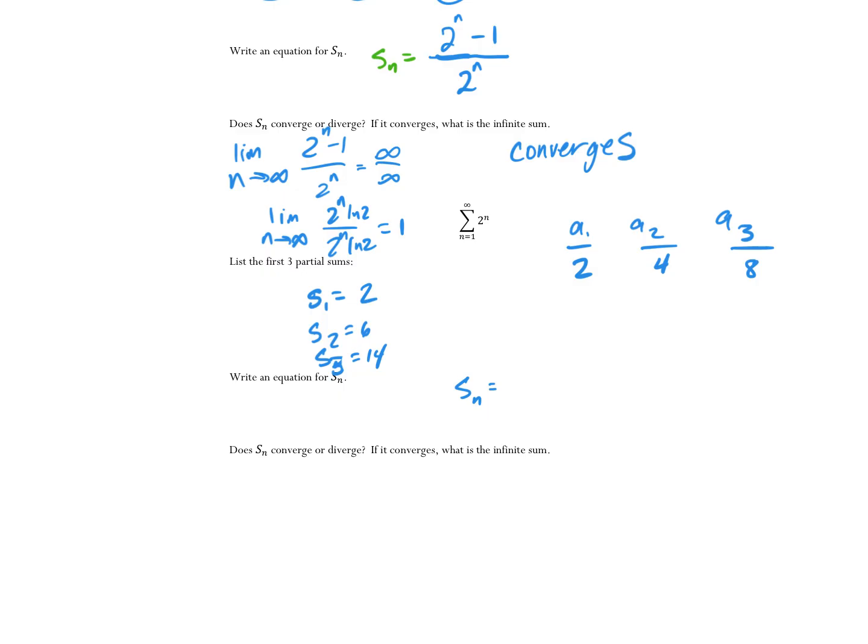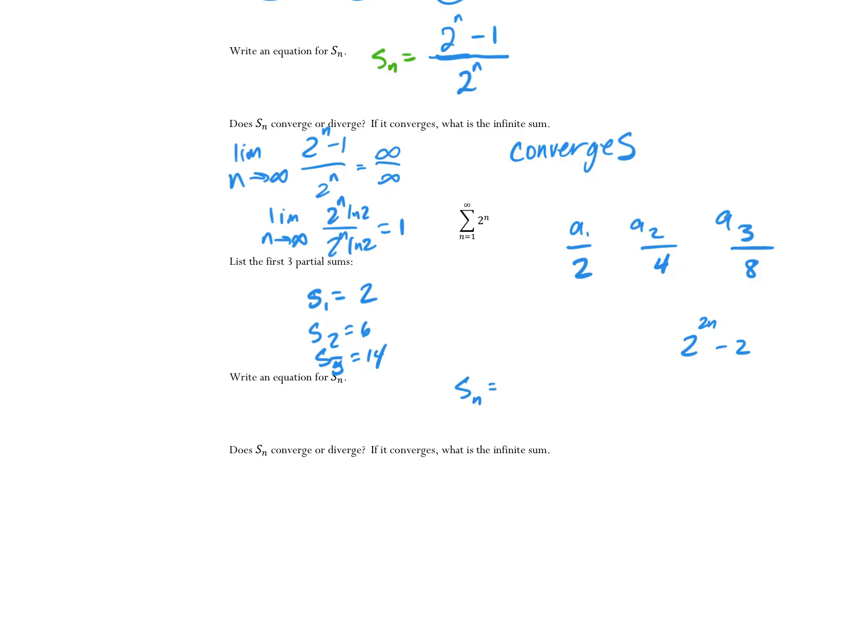Anyone got a rule? Two. 2 to the 2n, then minus 2. I don't know.